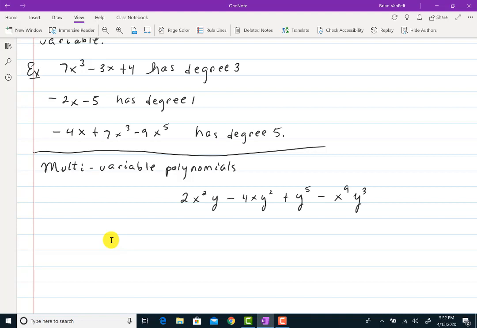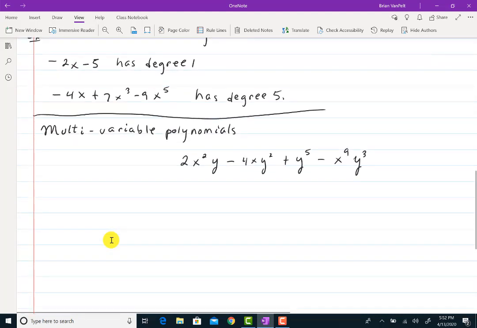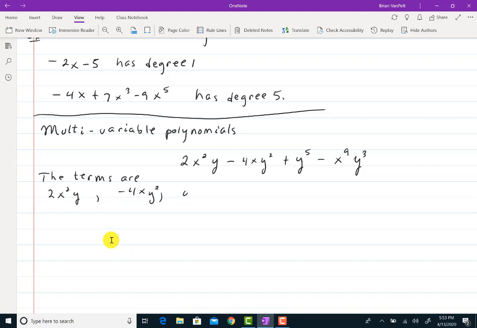Stuff like this. This is a polynomial. But telling the degree of this is different. The terms: we have 2x squared y, there's one term. Then we have negative 4xy squared, there's another term. y to the 5th, there's another term. Negative x to the 9th y to the 3rd, another term.